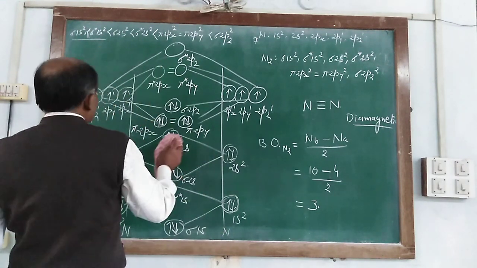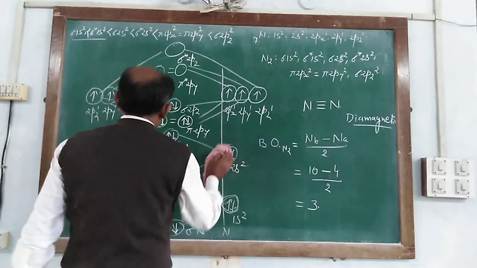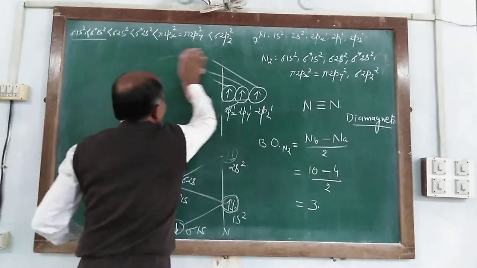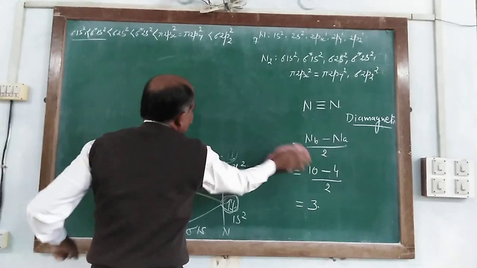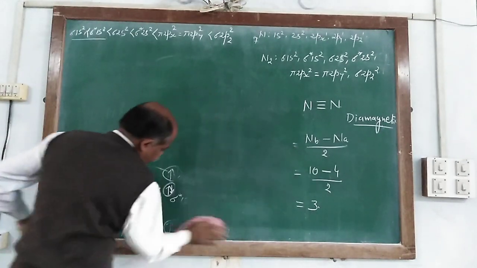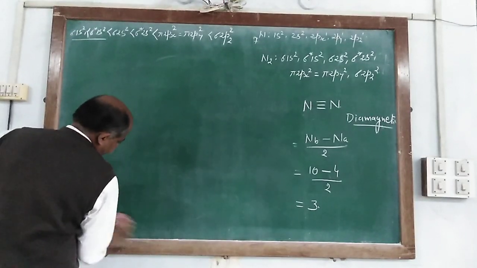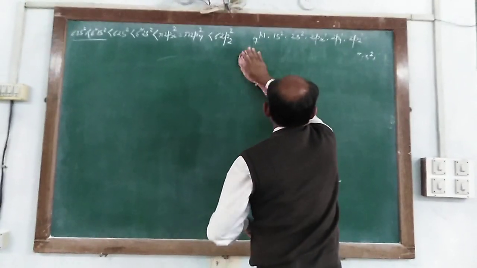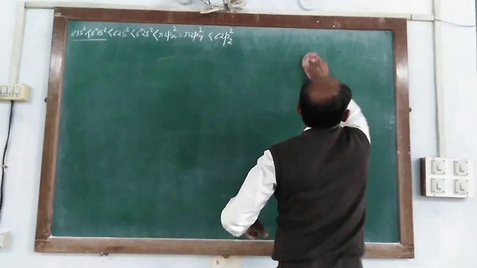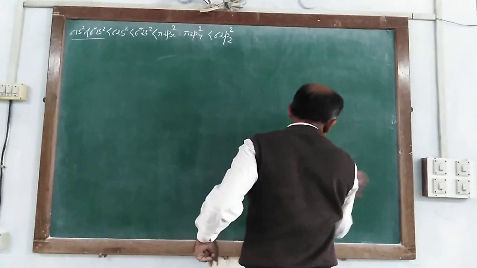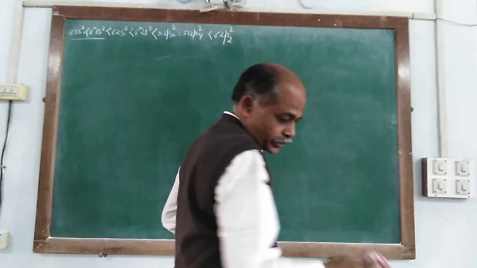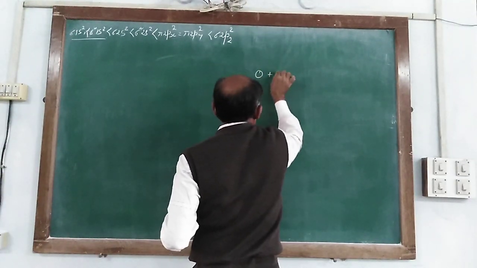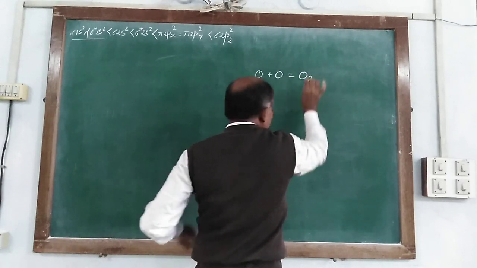Now we discuss the molecular orbital diagram for the oxygen O2 molecule. So when two oxygen atoms are linked to each other to form the O2 molecule, here we write oxygen plus oxygen is equal to O2.